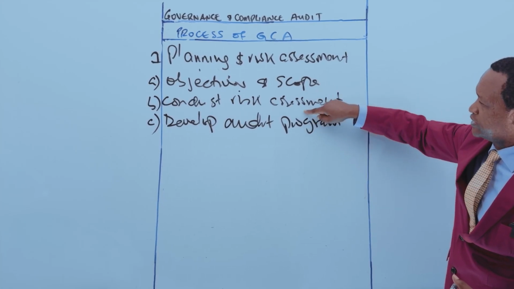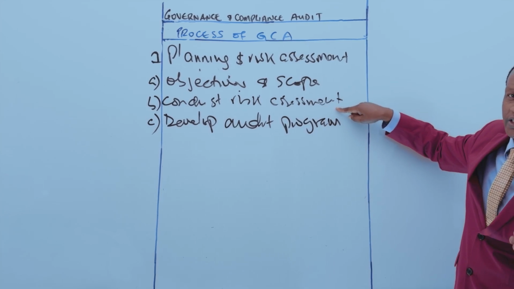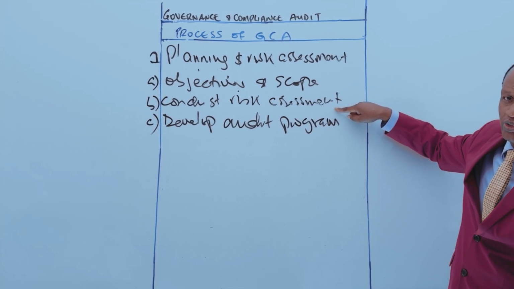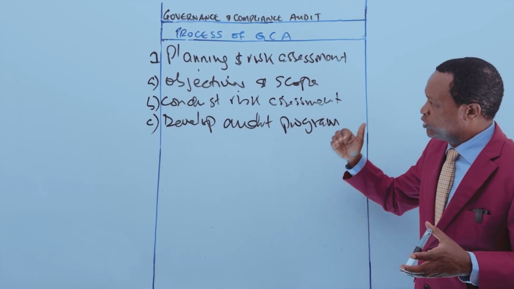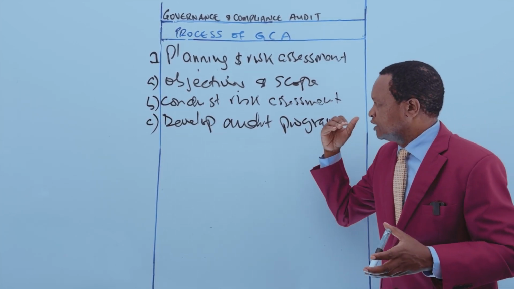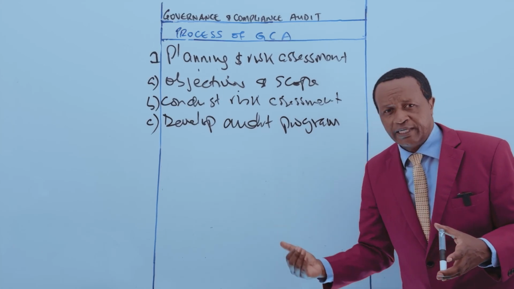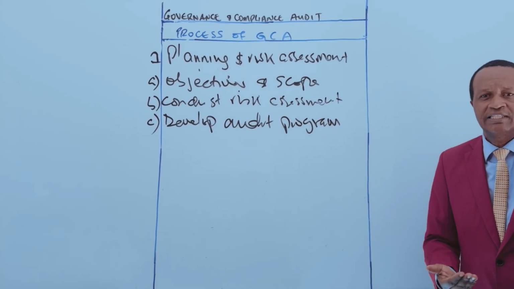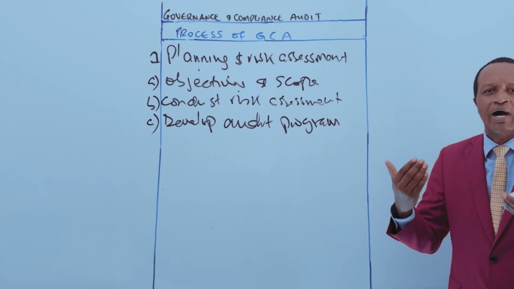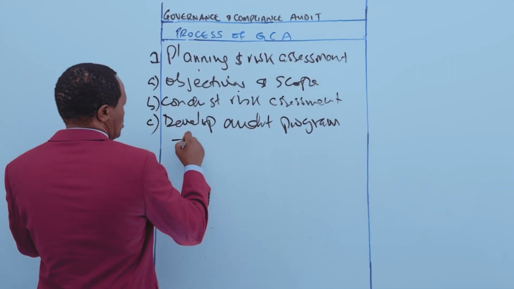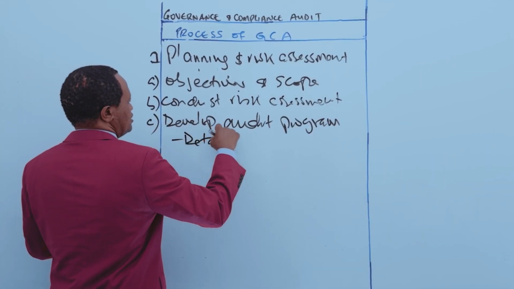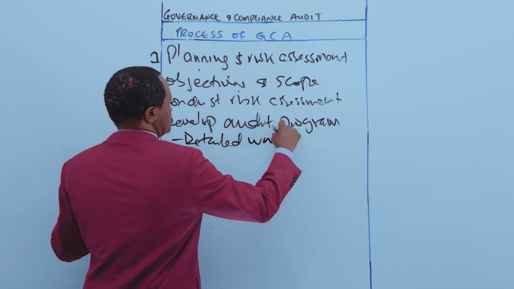You have evaluated the risks of material non-compliance or significant governance failure. You know what should be done. So you now come up with a detailed risk-based work plan.